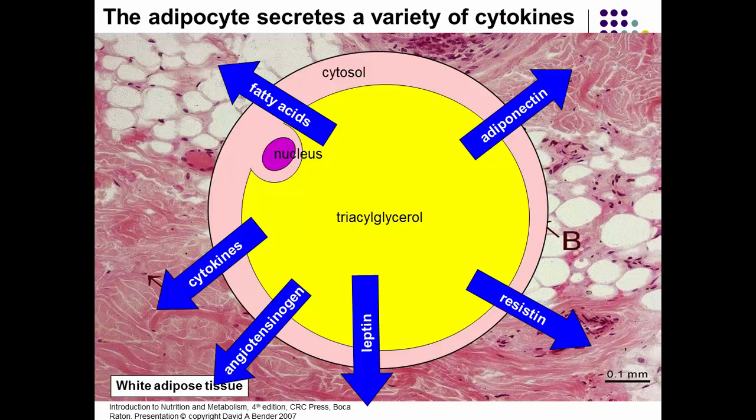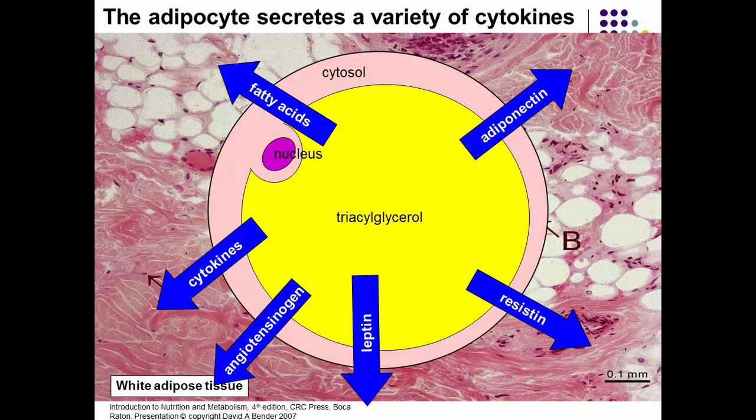For example, adiponectin, resistin, and in addition to these important cytokines or adipokines, the adipocyte also releases other cytokines, right? So here I just wanted to focus on two important adipocyte-derived hormones, leptin and adiponectin, and how these two adipokines or hormones regulate energy metabolism.